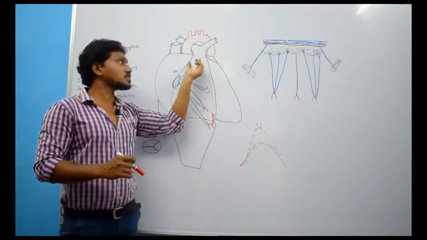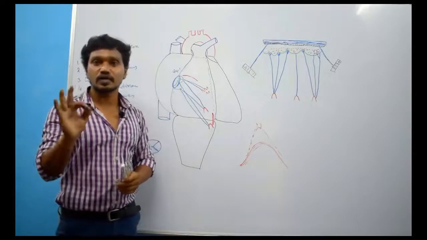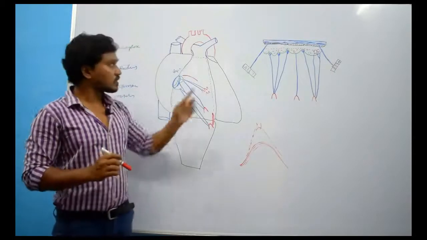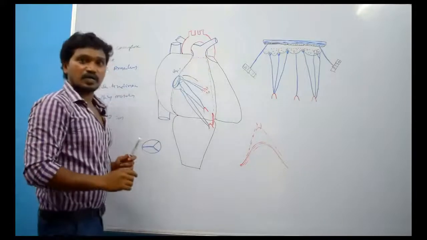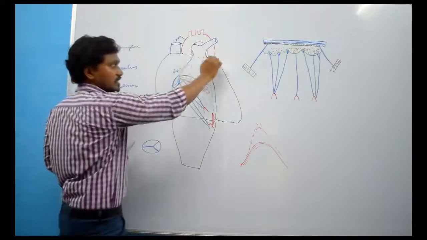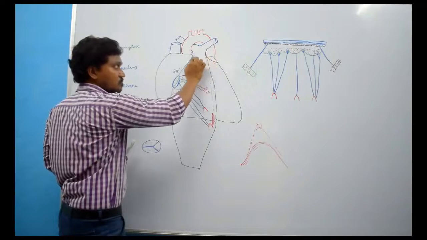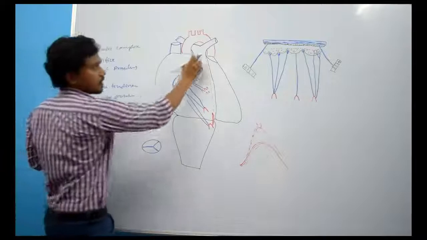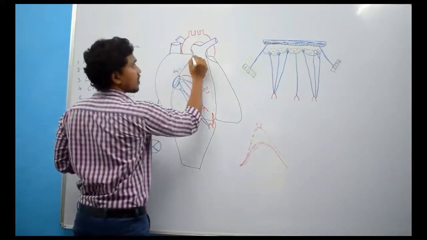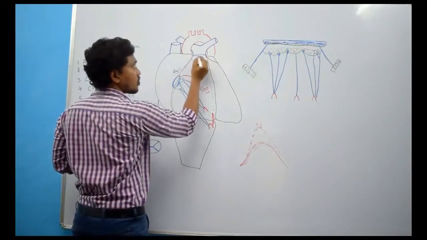This conical shaped part we call infundibulum. Clear? Then this infundibulum continues as the pulmonary trunk. So when we cut here, you can see the pulmonary trunk origin also. Here this is the pulmonary trunk origin, and at the origin point you can find one wall.